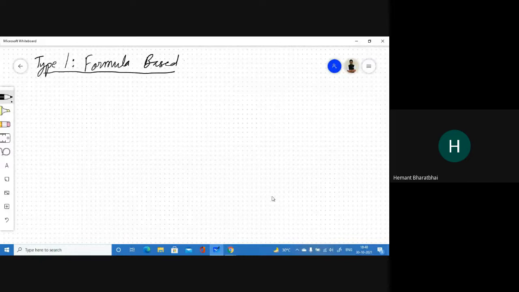So let's start. I have something like this. See, I have this integration of sin x plus 1 by x plus 1 by cube root of x dx.